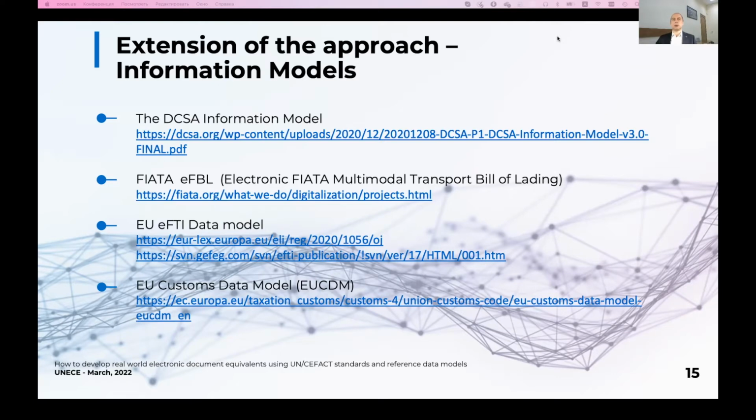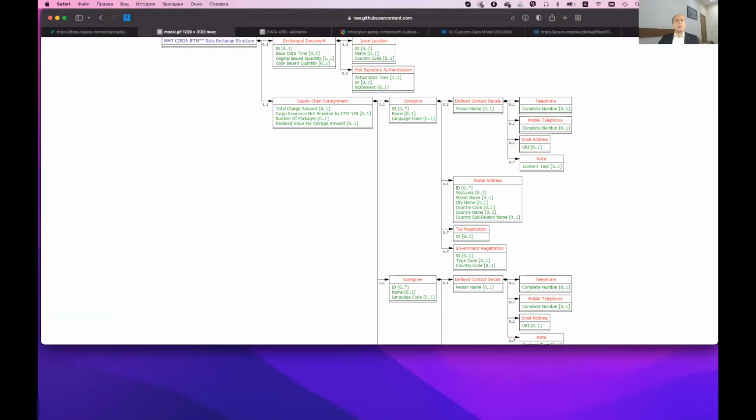The data model for EFBL is fully based on the UNECE MMT-RDM and also utilizes the UNECE recommended code lists. The key artifacts of the FIATA information model, besides the schema itself and the implementation guide, consist of the FIATA managed registry and FIATA digital identity.